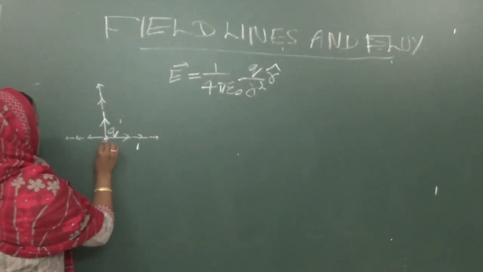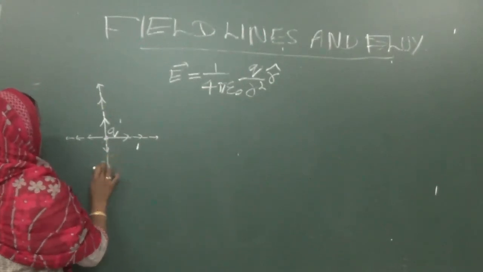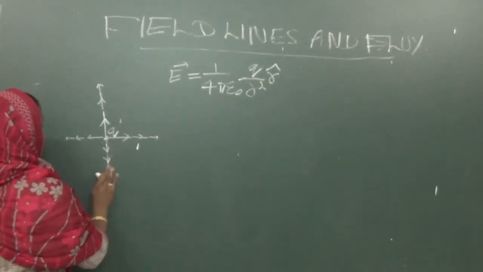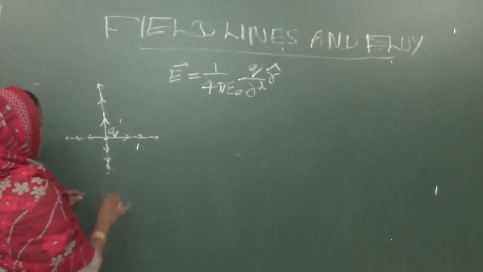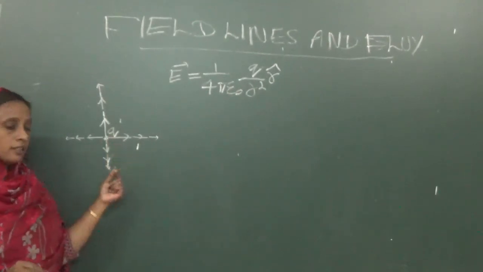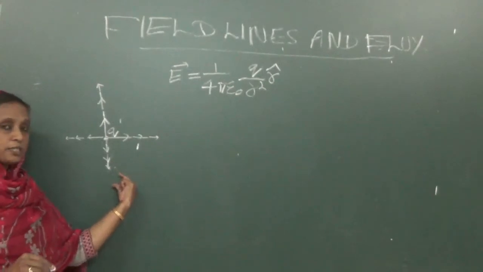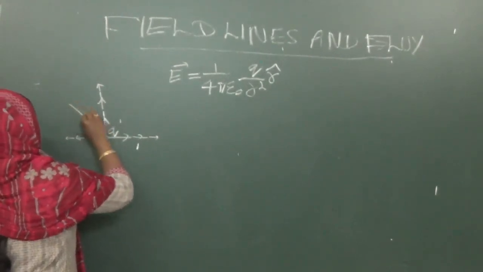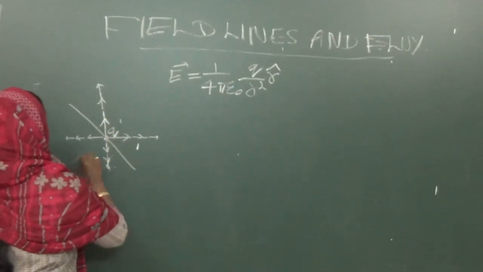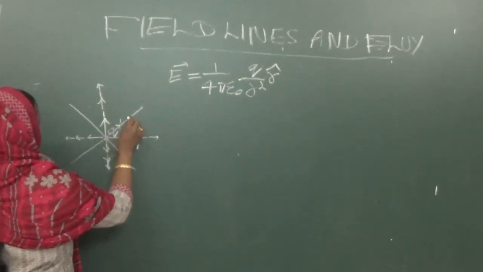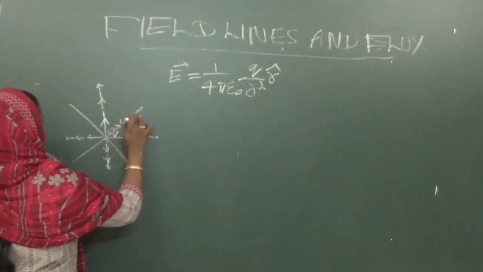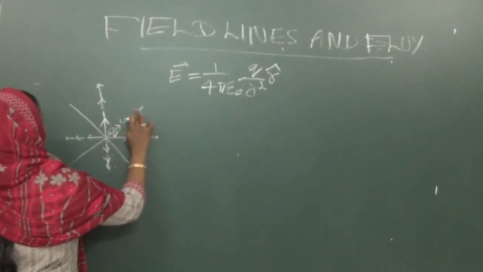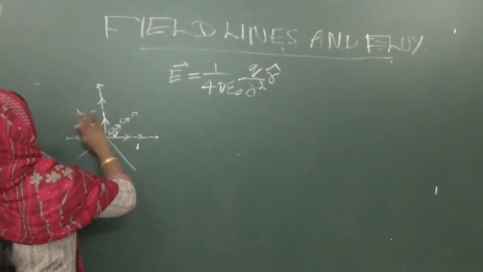As it moves away from this charge, its length reduces, to show that its magnitude gets reduced, right? Like this.